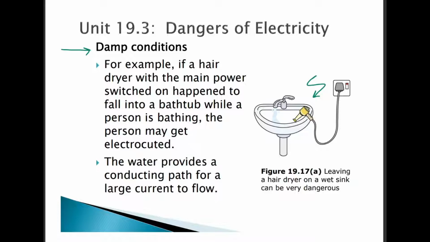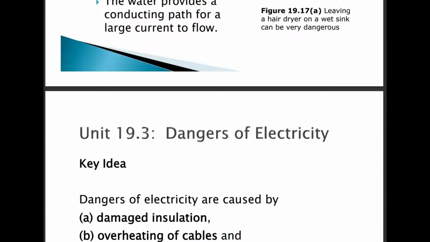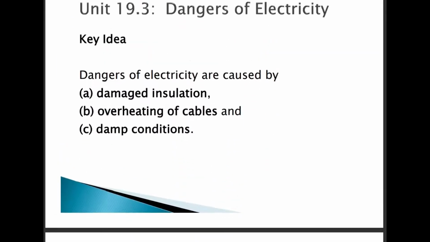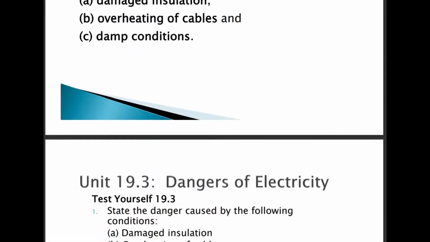That would be an appropriate place. Damp conditions provide lesser resistive paths, so current flows through the body and will cause an electric shock. So these are the key problems, the probable dangers where electricity can be a problem for us.